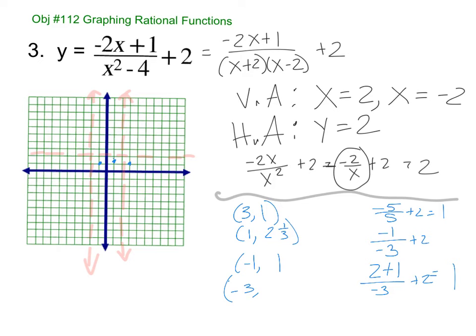-3. What do I get when I plug in -3? Sorry, my brain stopped working. So that's 7 over 5, plus 2. So that's like 3 2/5. So we got -3, 3 2/5.